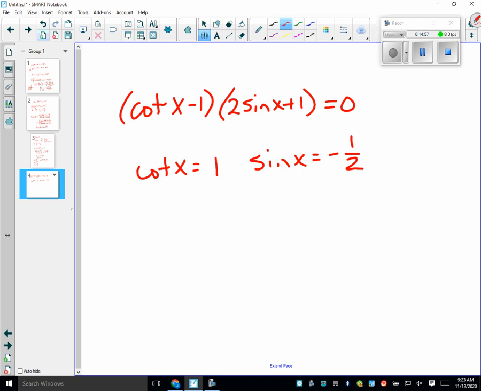Right? When is cotangent 1? Pi over 4 and 5 pi over 4. Okay, good. When is sine negative a half? 7 pi over 6, 11 pi over 6.